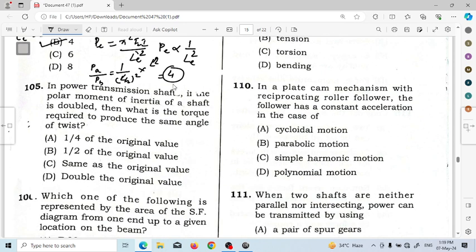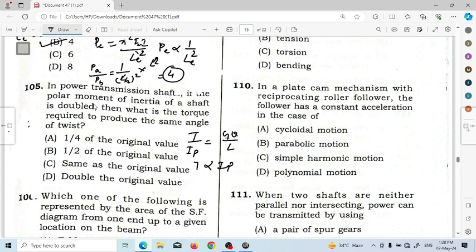Next, in a power transmission, if the polar moment of inertia of a shaft is doubled, then the torque required to produce the same angle of twist. You know the formula: T by polar moment of inertia IP is equal to G theta by L. So the torque is directly proportional to polar moment of inertia for the same angle of twist and the same material.